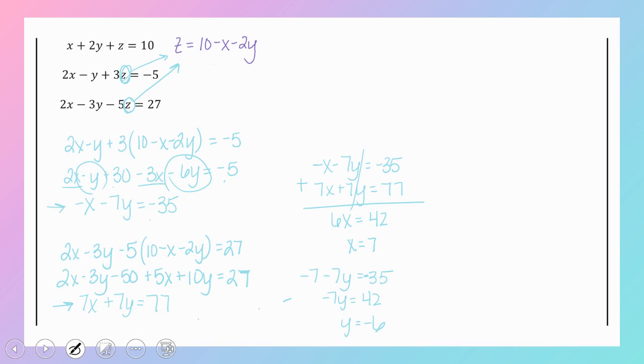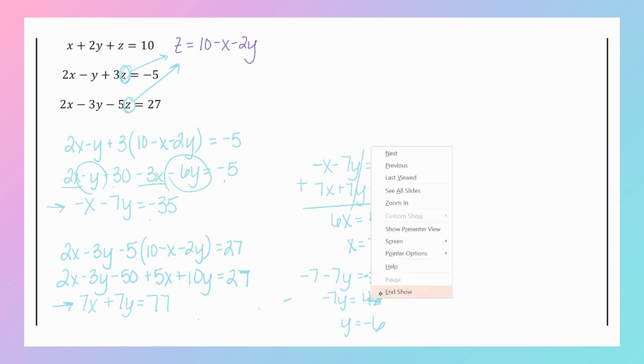This was a negative 35. So let's fix this. When I add 7 to that, whoops, I get negative 28 divided by negative 7 is 4. Let's try this again. So 7 times 7 is 49 plus 28 should be 77, and it is.